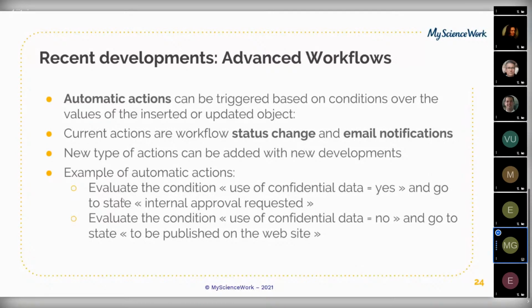For example, take a publication control system where the researcher says, here's my publication, I want to submit it for evaluation to then publish it in a journal. The person could be using, for example, confidential data, and if confidential data is used, someone has to ensure that all the conditions are met for the data to be published or just to be mentioned.